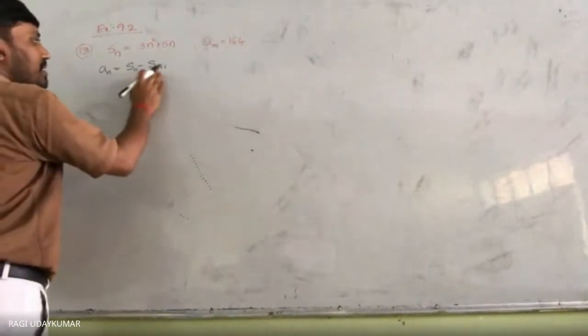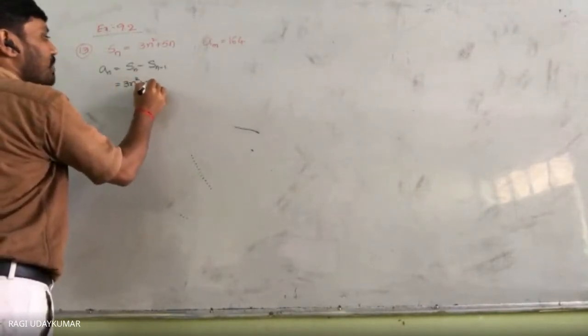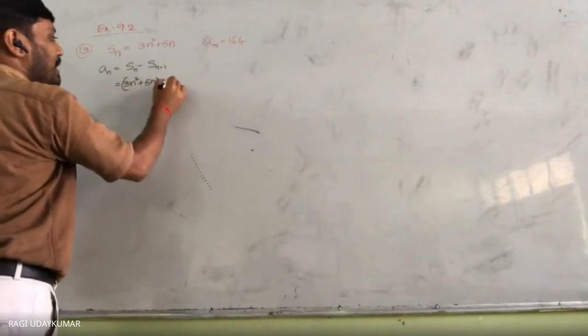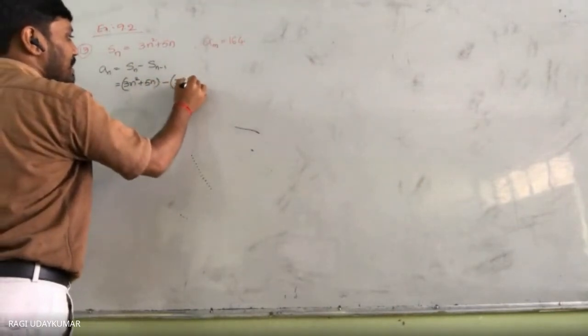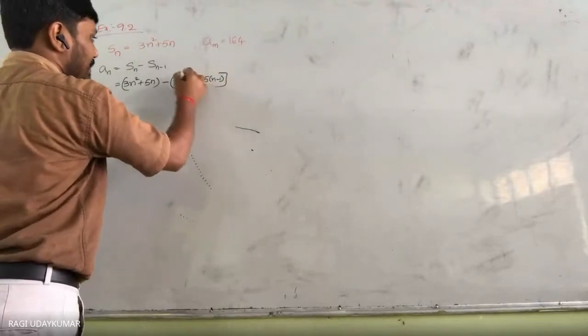An is equal to Sn minus Sn minus 1. Sn here is 3n square plus 5n, minus Sn minus 1, which means 3 into (n minus 1) whole square plus 5 into (n minus 1).